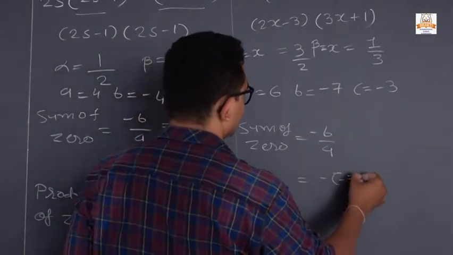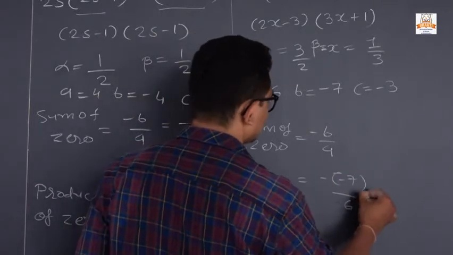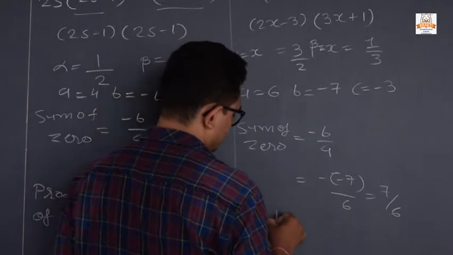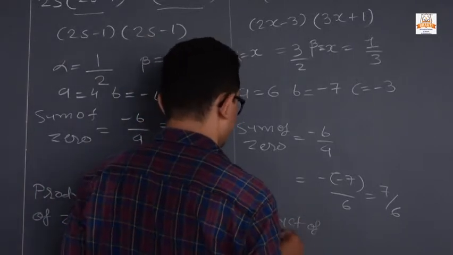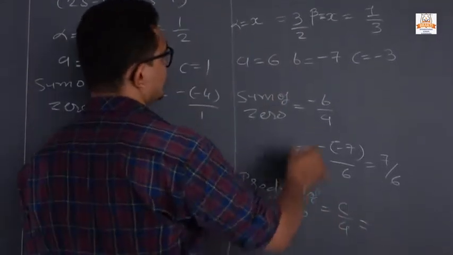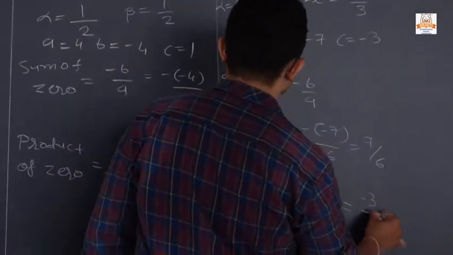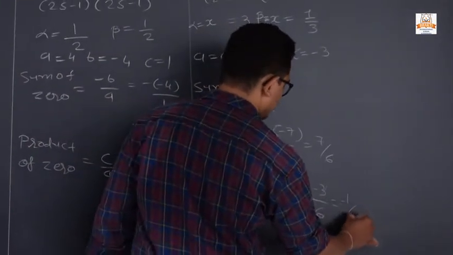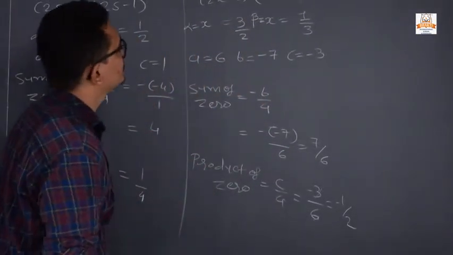Minus 7, and A is 6, so 7 by 6. And product of zeros is C by A. What is the value of C? Minus 3 by 6, so minus 1 by 2.